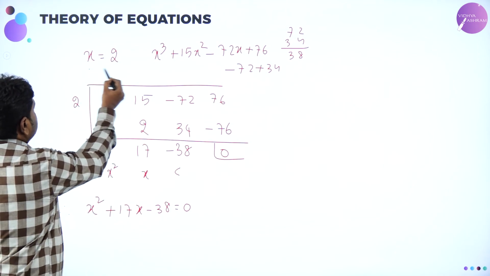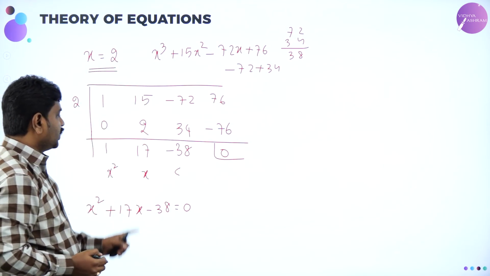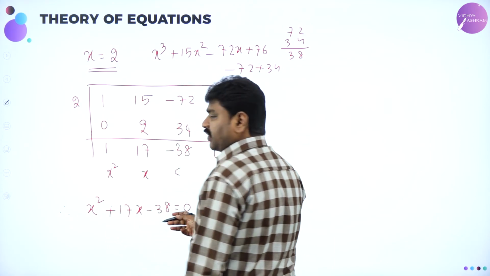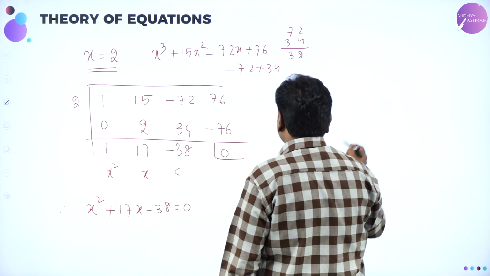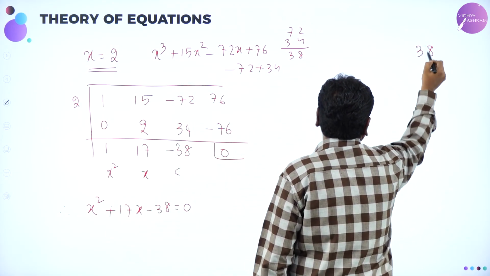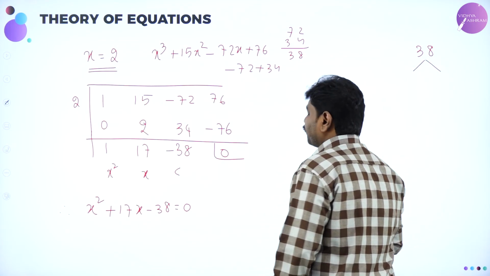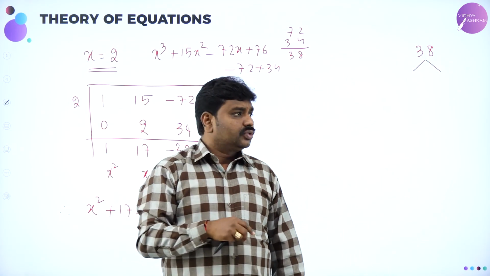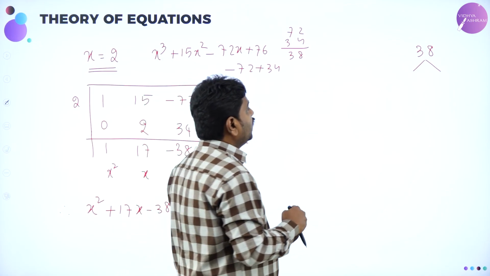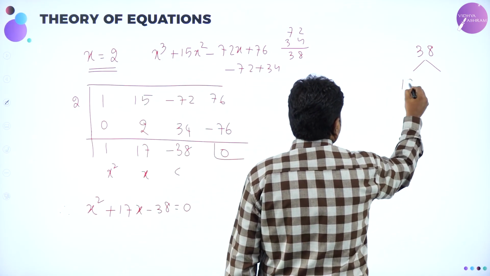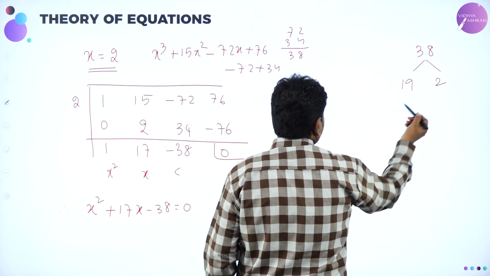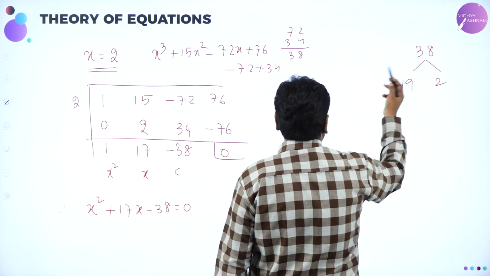One root you got by inspection, that is x is equal to 2. The other two roots you find, either by the formula method or by factorizing. You should find the factors of 38. 19 twos are 38, and we need 17. So I need minus 38, sorry.